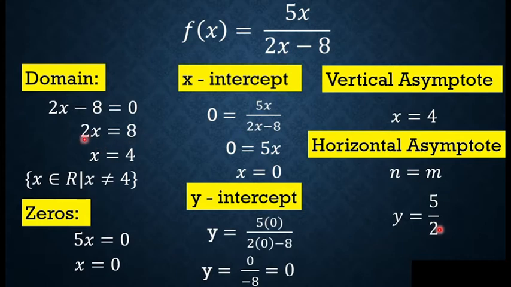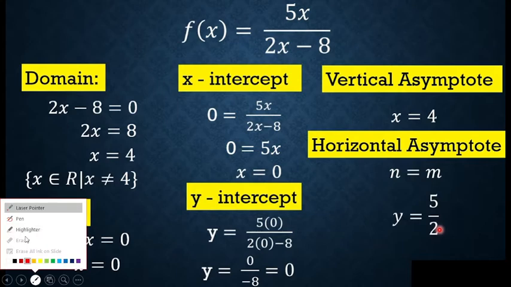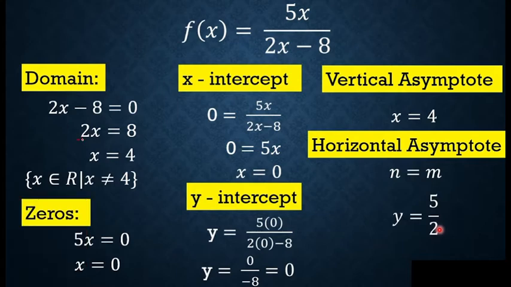Then 2x, so in order to get the value of x, divide nyo lang ng 2 dito. Okay. So, 2 divided by 2, okay, 1 na lang. Okay, wag na kayong maglagay ng 1 dyan. Then, 8 divided by 2, so, positive 4.